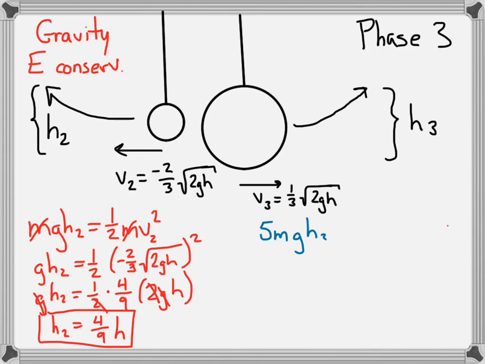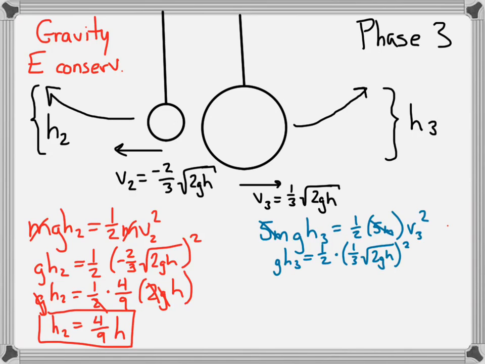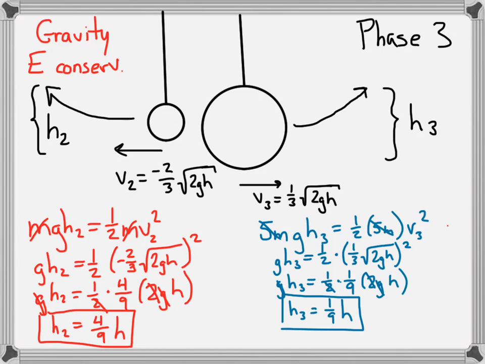So let's do the same thing. Don't forget that you have 5m for the mass. But it turns out that the first thing I see is that there's a factor of 5m on both sides, so it's going to divide out right away. So if you made the mistake of putting m in there, you've made a lucky mistake.